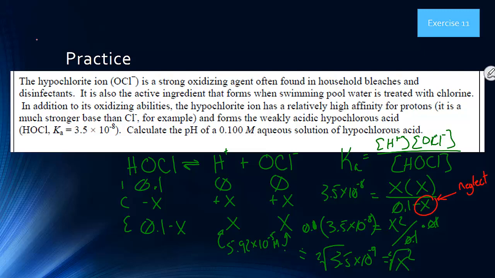That's the concentration of our hypochlorite ion as well as hydrogen. We can use that concentration to determine the pH. pH is the negative log of the concentration of the hydronium ion, so the negative log of 5.92 times 10 to the minus 5th. And we get a pH of 4.23.